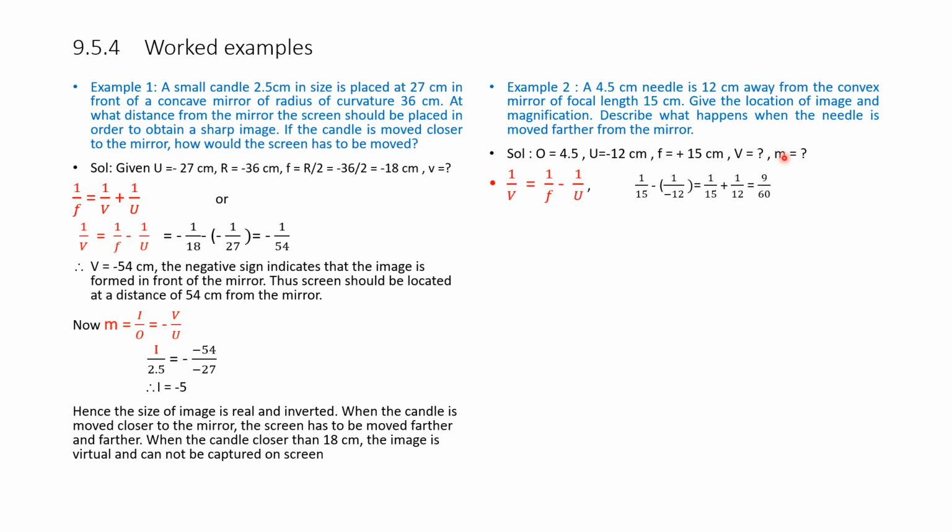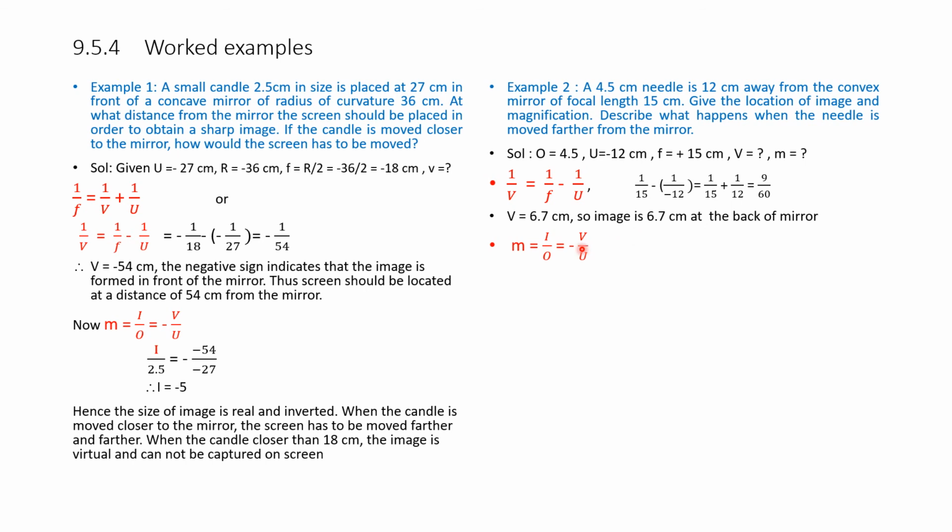So, 1 by V is equal to 1 by F minus 1 by U, this formula, that is a rearrangement of the mirror formula, and we have substituted all the values. Therefore, from this equation we find the value of V is 6.7 centimeters. So, the image is 6.7 centimeters at the back of the mirror.